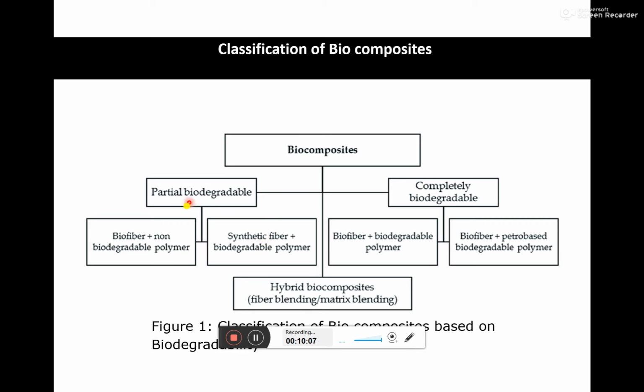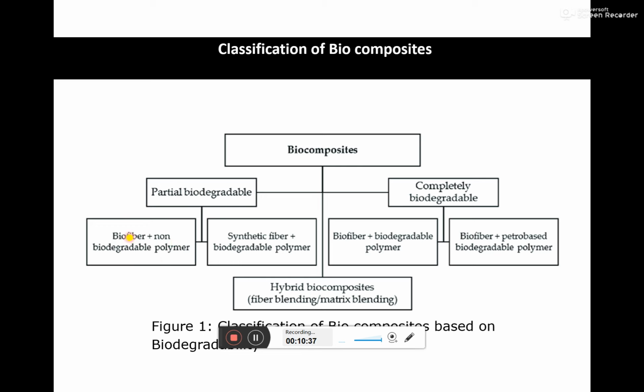If it is partially biodegradable, partial means maybe you can use biopolymer as the matrix material, and as fiber you can use carbon fiber or glass fiber as the reinforcement. Such a type comes under partial biodegradable. The first classification is the biofiber plus non-biodegradable polymer.